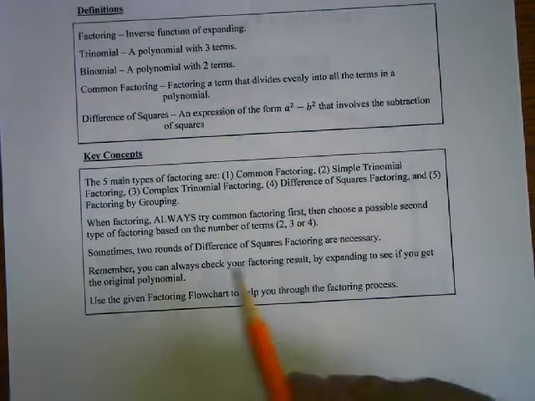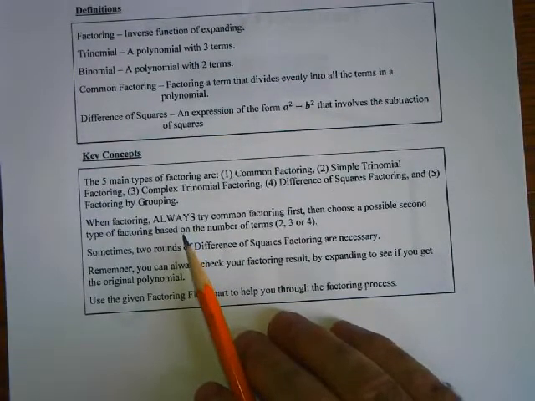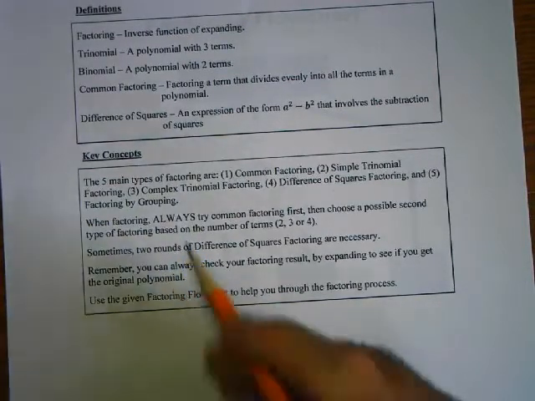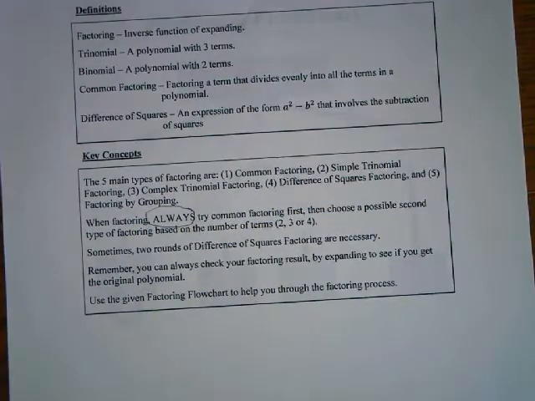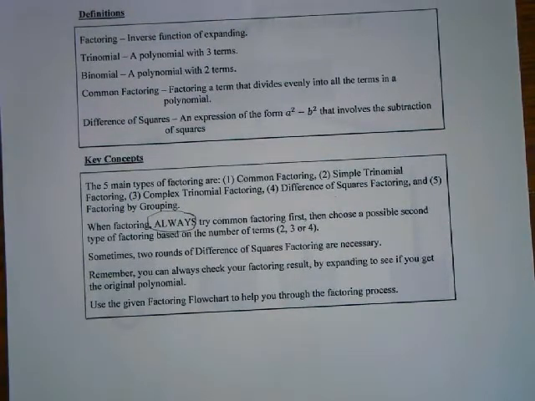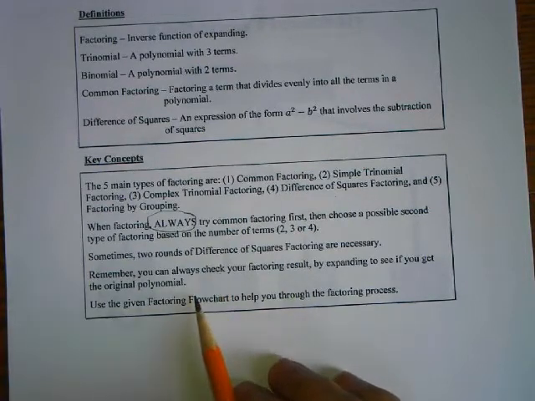And also, you'll see on the flowchart, in capital letters, always try to common factor first, and then see if there's another method you need to use. Just a reminder, you can always check your result of factoring by expanding, to see if you get the original question.